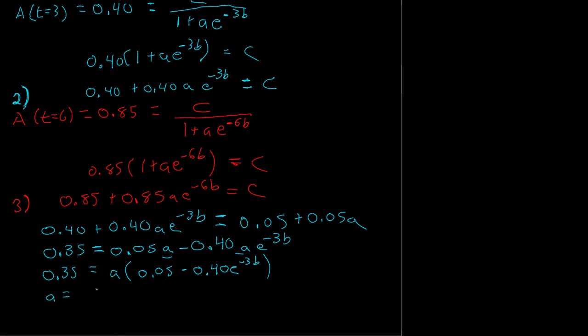So I get a is equal to 0.35 over this, the 0.05 minus 0.40 e to the negative 3b. And so I'm going to call this 2 star because it came from equation 2 and I simplified it by substituting in c.